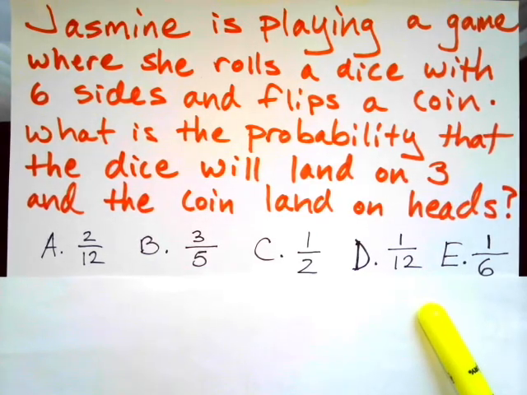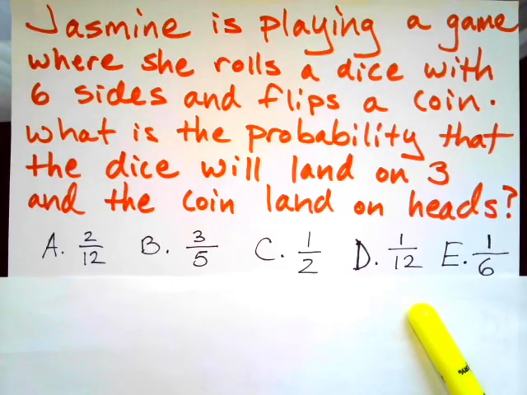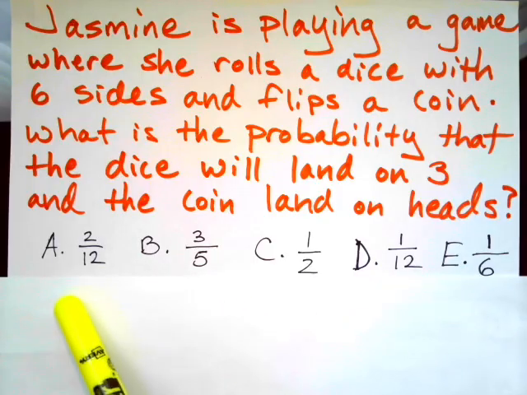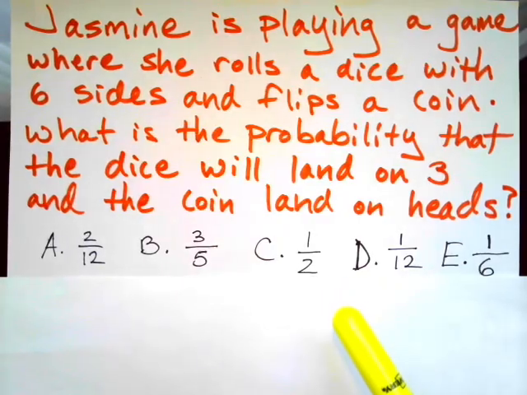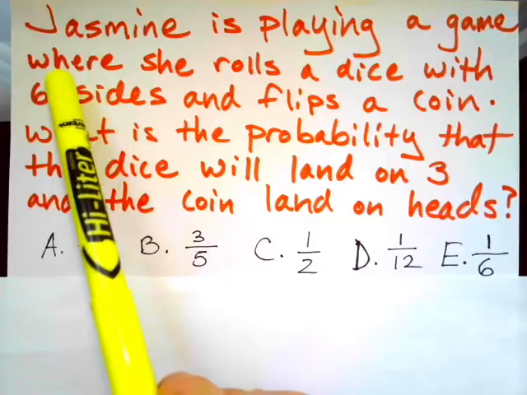That will always increase your odds and probability of answering the question correctly if you can eliminate some of these options. Even if you don't know how to answer the question, if you can narrow it down to two options, you can have a 50% chance of guessing correctly. So let's just jump right into it.